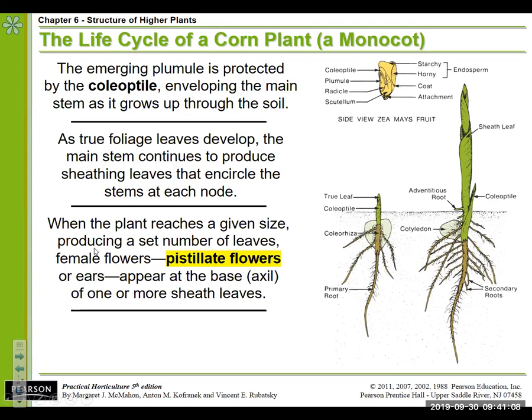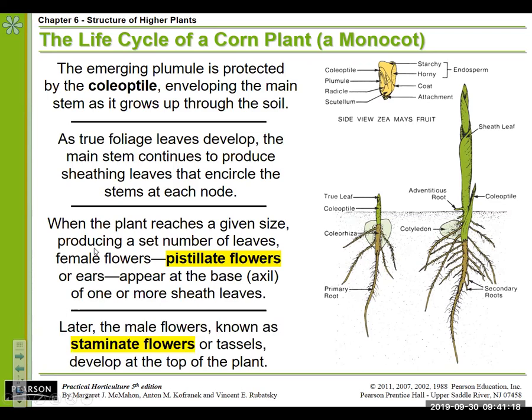And in corn, we look at this as the ears of corn, and the pistils themselves are actually those silks at the tip coming out of that ear of corn. And then a little later on, we'll have the male flowers, the staminate flowers, the stamen being the male part that produces the pollen, emerging at the very top of the plant, and they call that the tassel in corn.